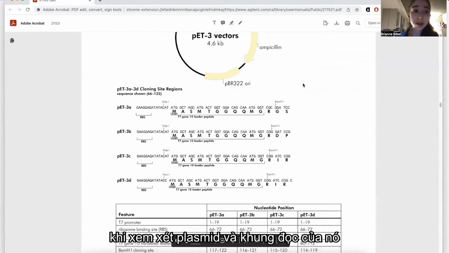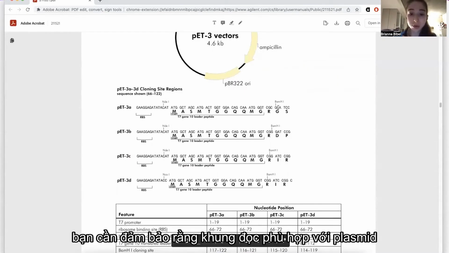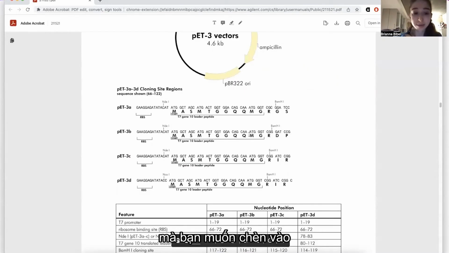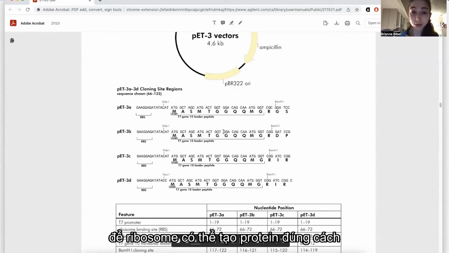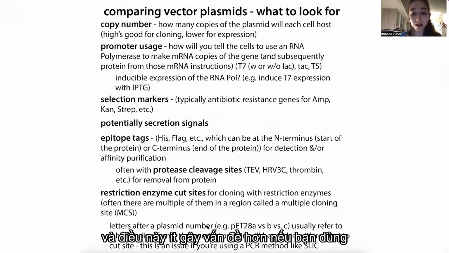When you're looking at your plasmid and what frame it would be in when you cut it, you want to make sure that you're in the frame that's compatible with the plasmid that you want to put in, so that you're getting the ribosome to make the protein in a way that makes sense and not in a way that's just gibberish. And again, this is less of an issue if you're using a PCR-based method like SLIC.